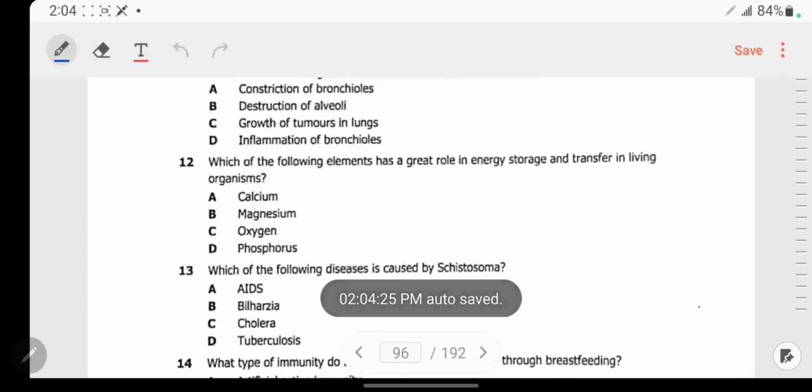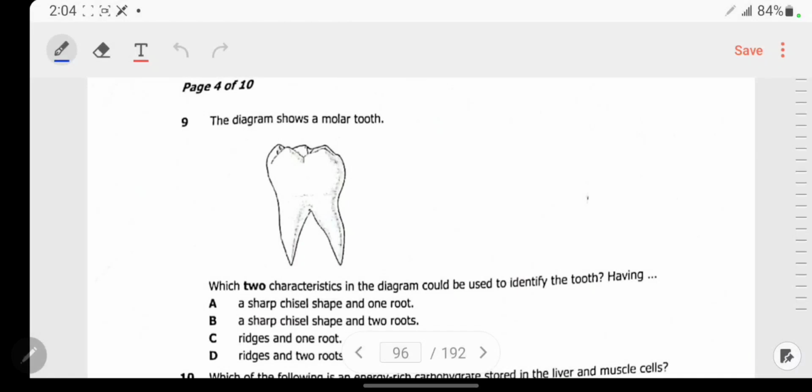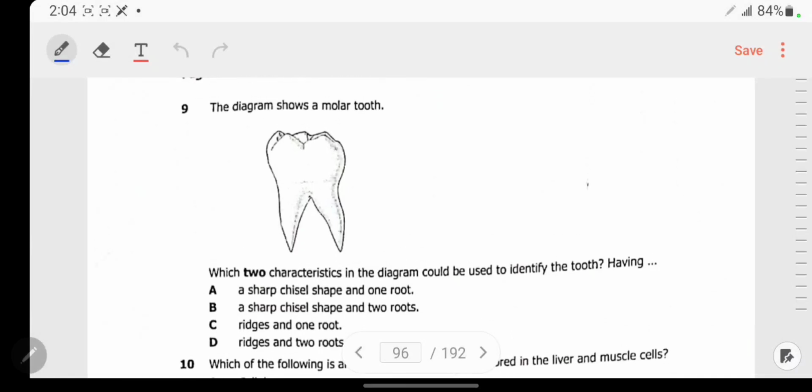Moving on to our next question, which is the 9th question. The diagram shows a molar tooth. We are told: which two characteristics in the diagram could be used to identify the tooth? If you look at this, this is called the crown.